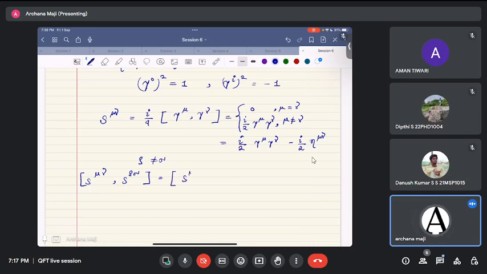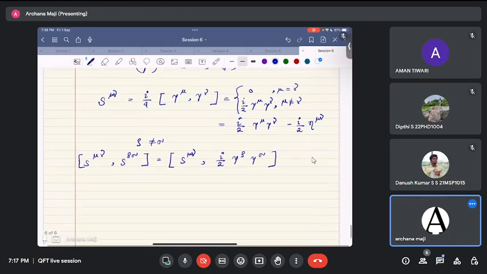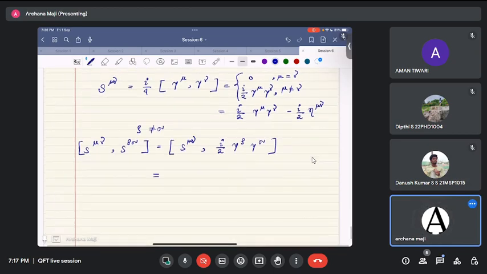This becomes i over 2 gamma rho gamma sigma. So i over 2 is S mu nu gamma rho gamma sigma minus gamma rho S mu nu gamma sigma.